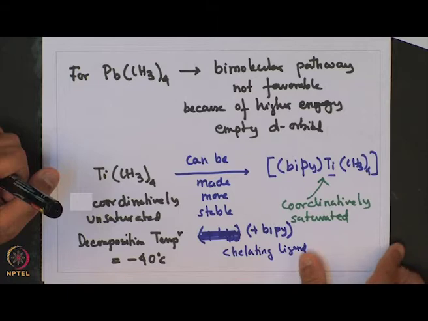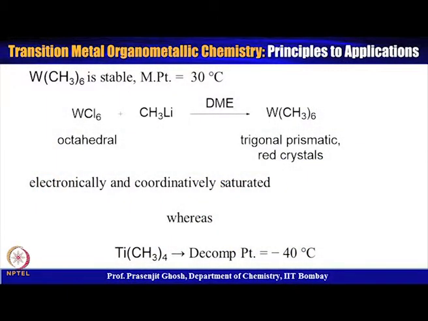So, what is emerging out of this third strategy is that it is a very potent approach for increasing stability of transition metal sigma alkyl complexes, and that can be achieved by increasing the coordinative saturation of the central metal atom. Here is another example of a coordinatively saturated central metal atom in this tungsten hexamethyl complex.